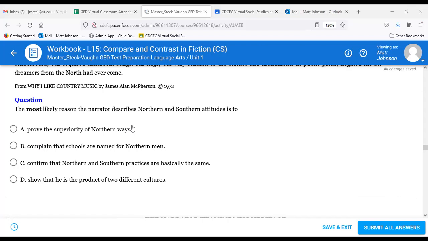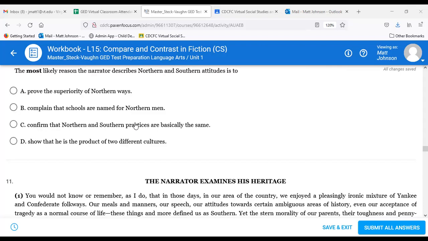B, complain that schools are named for northern men. C, confirm that northern and southern practices are basically the same. D, show that it is a product of two different cultures.